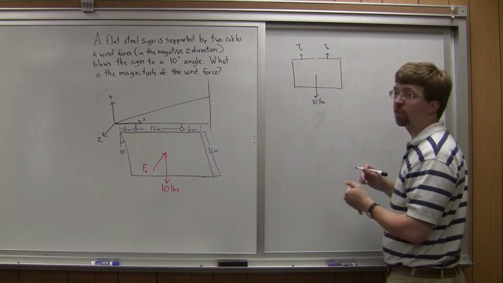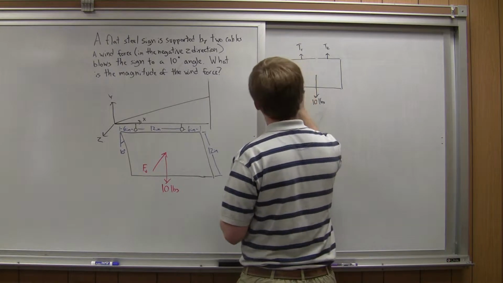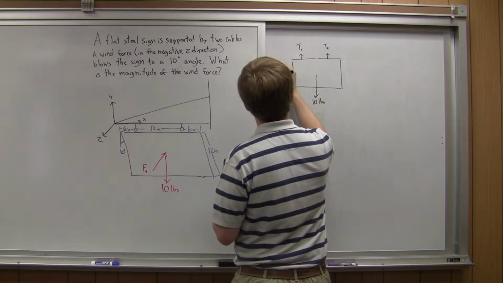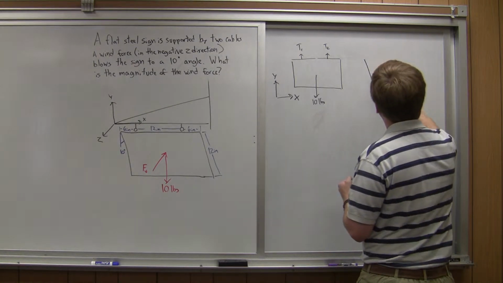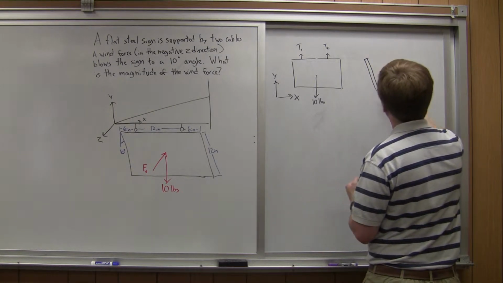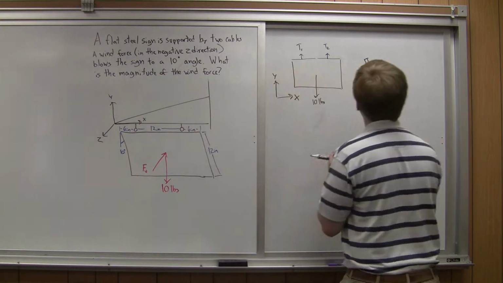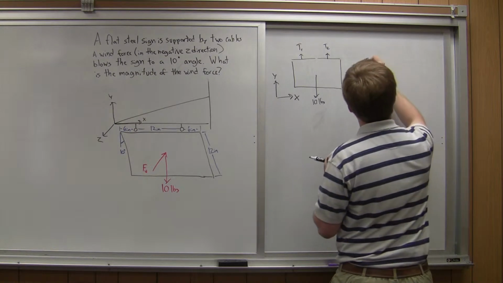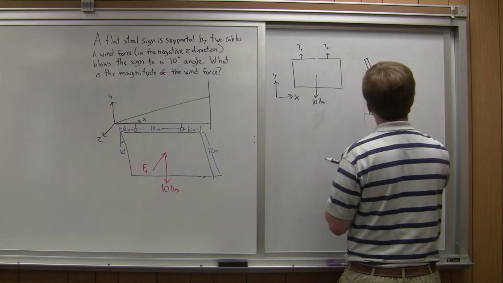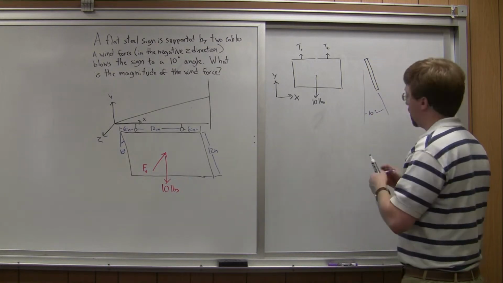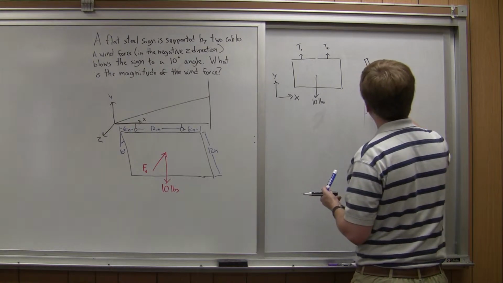Now I'm going to draw it from the side. This is positive x. This is positive y. From the side, I know it looks like this. So it's tilting back at a 10-degree angle. I've got a weight force, 10 pounds, right in the center.